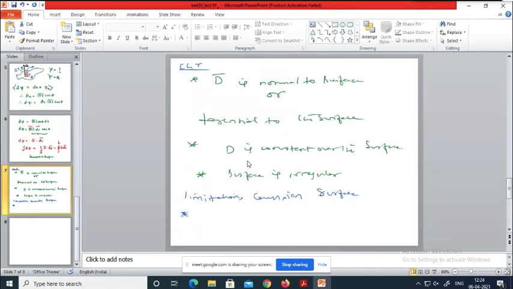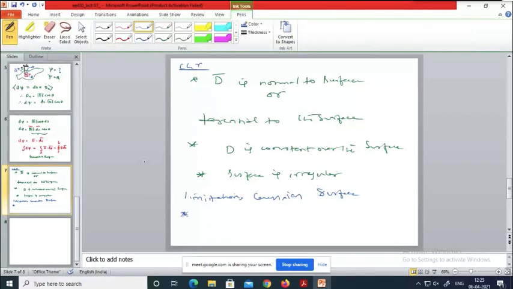Can you explain once the limitations of the Gaussian surface? Yes. It is applicable only for symmetrical systems.